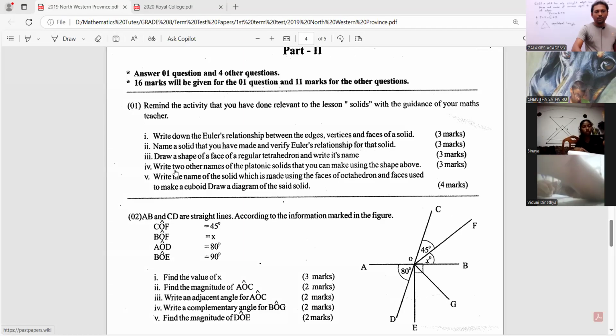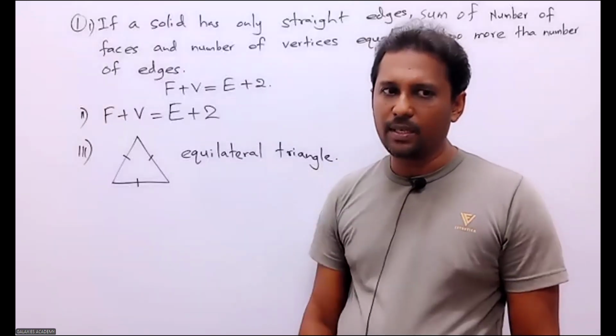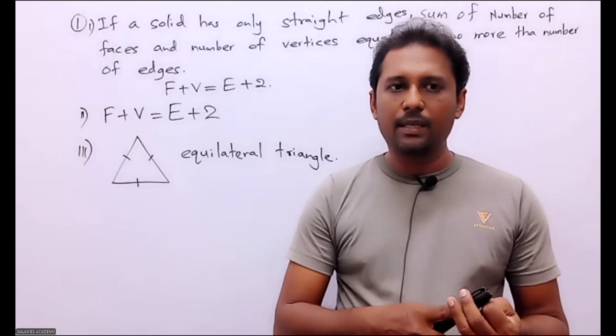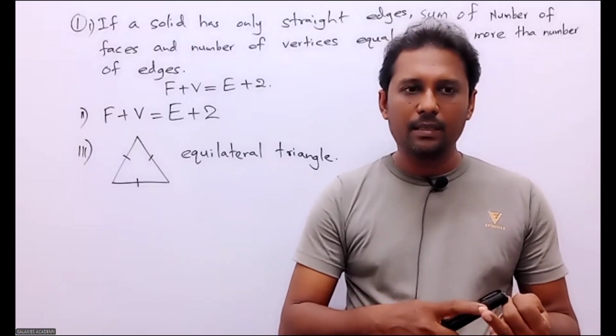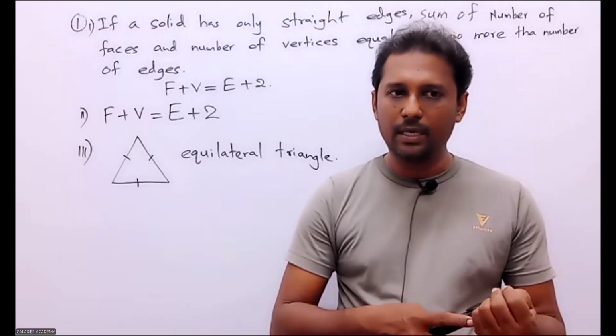Part 4. Write two other names of the Platonic solids that you can make using the shape above. Right. Also, I think last day I discussed with you, no? There are 5 types of Platonic solids: cube, regular tetrahedron, regular octahedron, regular dodecahedron, and regular icosahedron.